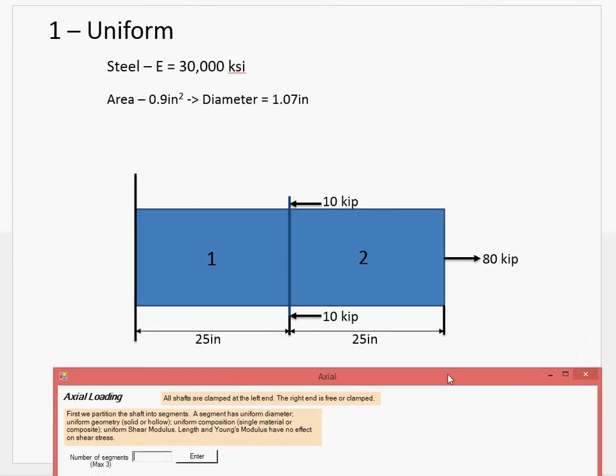So looking at this, how many segments do we have? Well, starting from the right, you have this 80 kip, then it's completely uniform until you hit the 20 kip equivalent, which is a change, so you begin a new section. And past that, there isn't really any change until the end of the shaft, so you only have two segments.